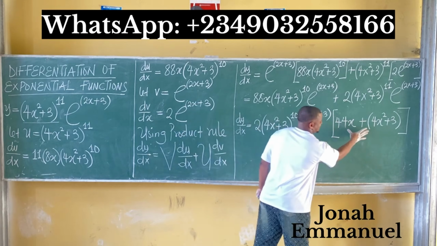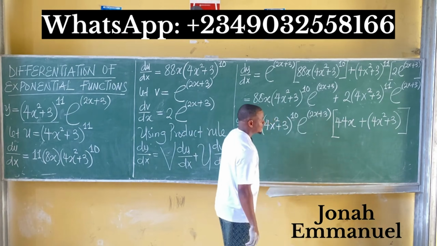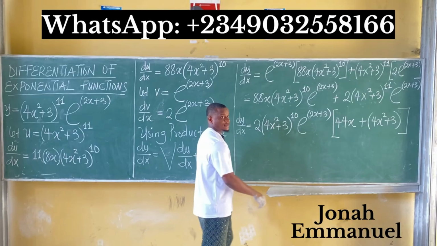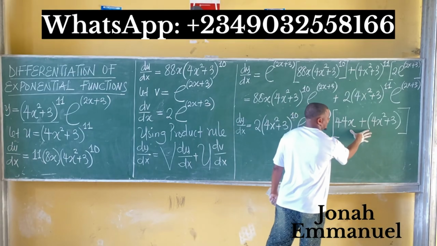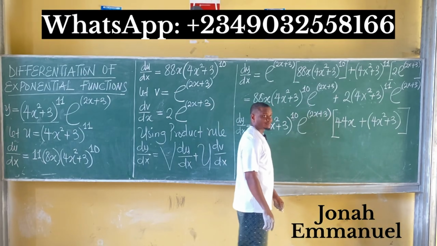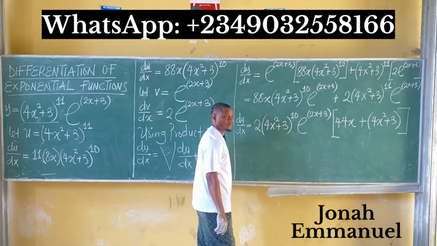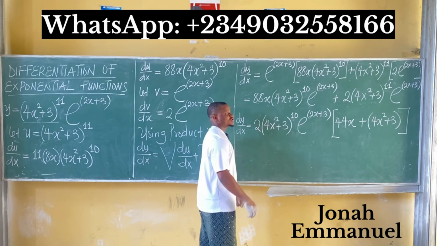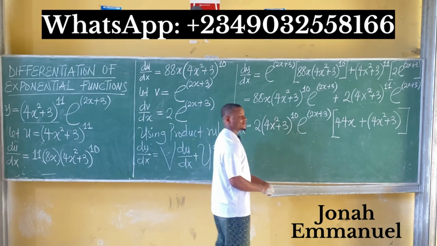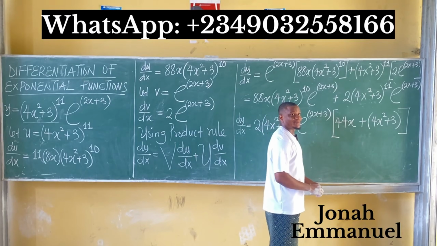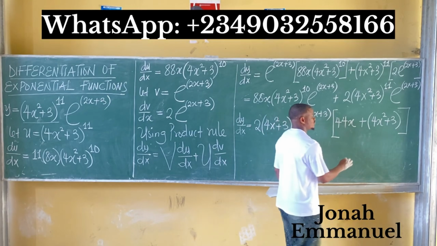This one here can be expanded. Can it? Yeah? Hold on now. Can I expand this? The expanding here is just to remove the bracket. Alright? So please look up. Expanding here is just removing the brackets.